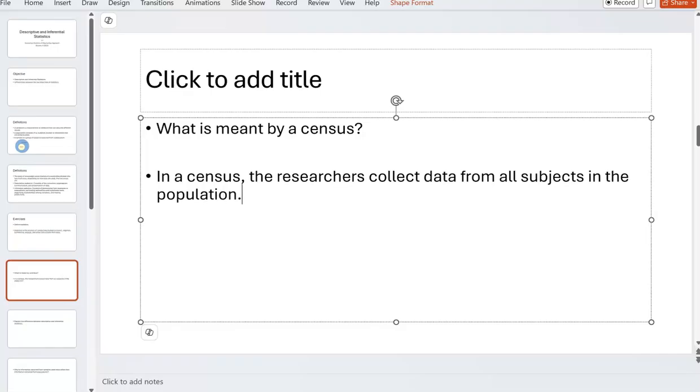So when they do give the census, I believe it's every 10 years, what we're doing is trying to collect data from the entire population. It's a bunch of different questions that gives us a better picture of how people are feeling.